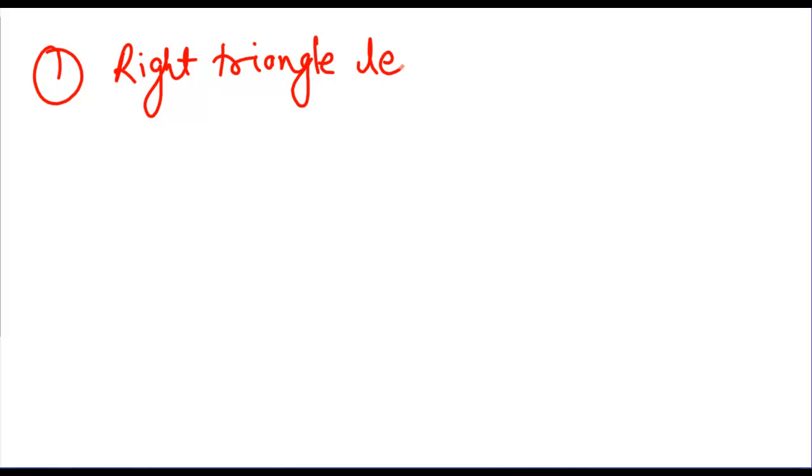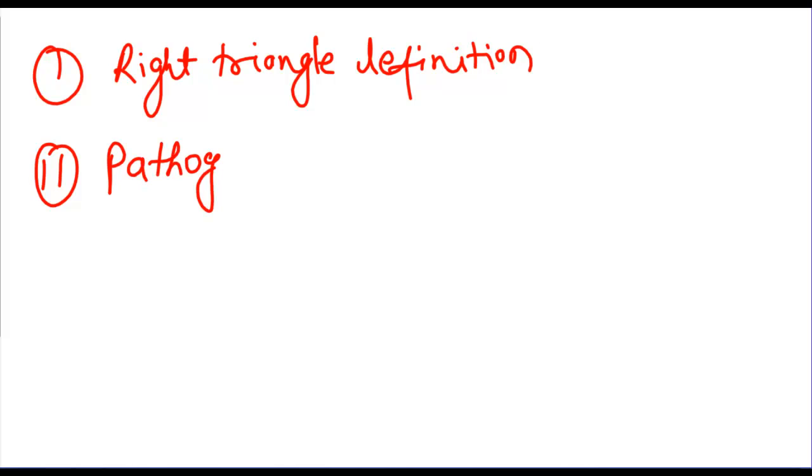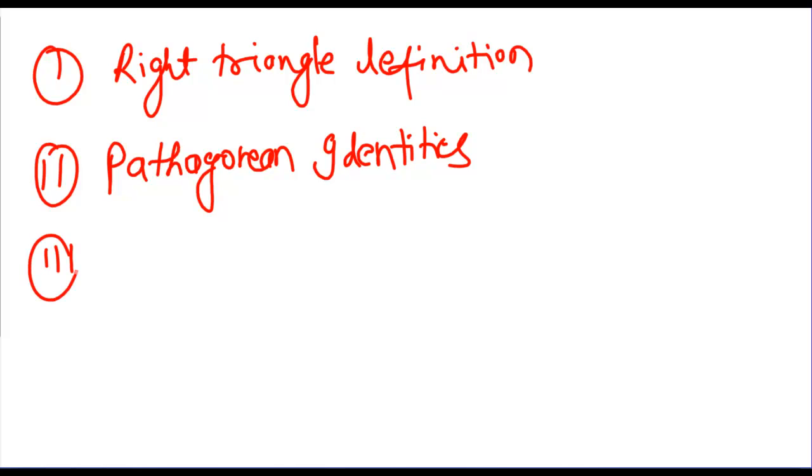The first thing we talked about was the definitions based on the right triangle. Next we talked about the Pythagorean identities. And we talked about double angles.